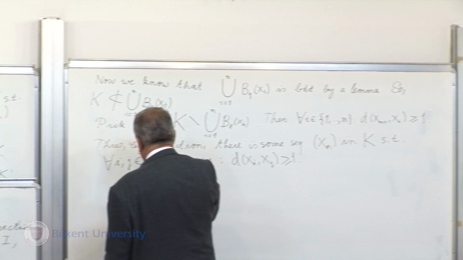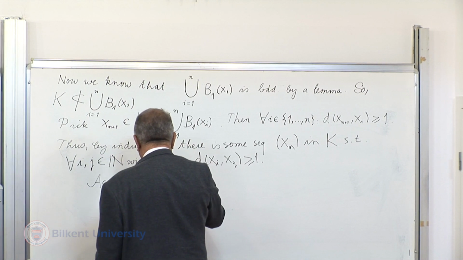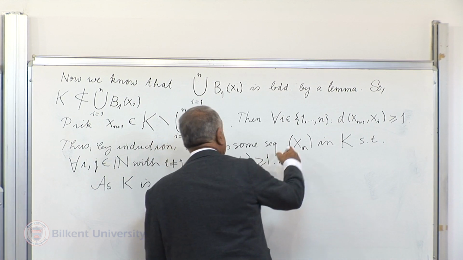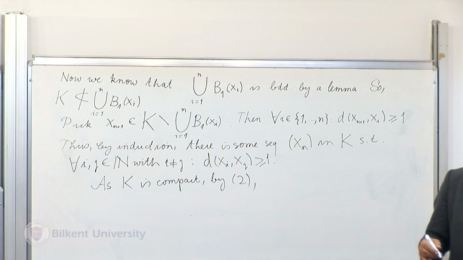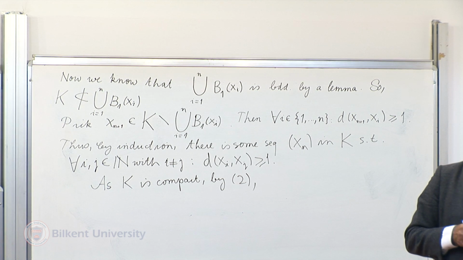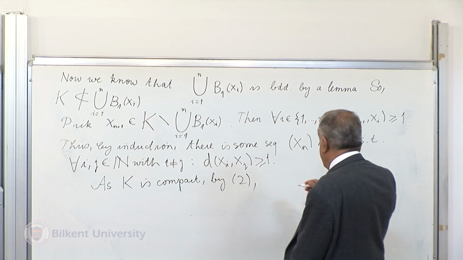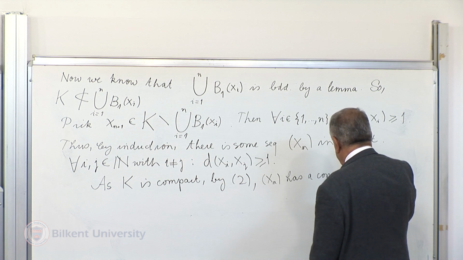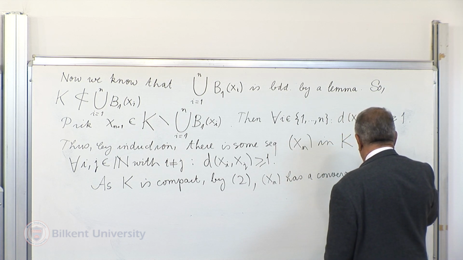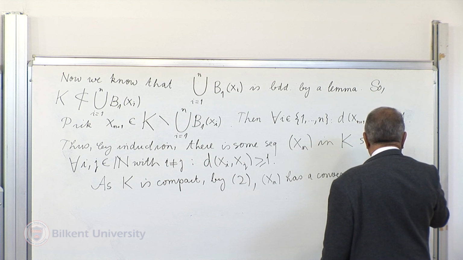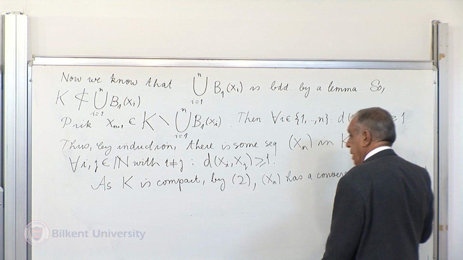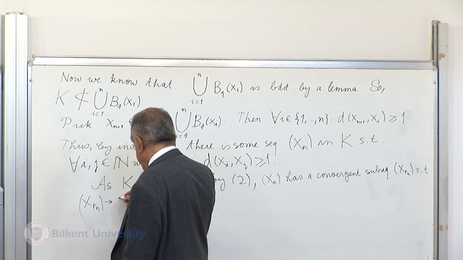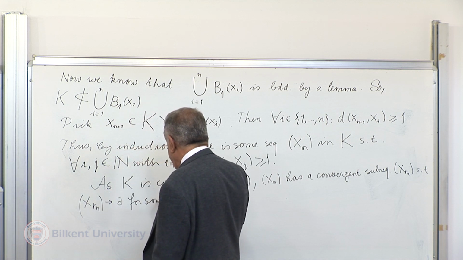As K is compact, by 2, and this xn is a sequence in K, it has a convergent subsequence whose limit belongs to K. So xn has a convergent subsequence x sub r sub n such that x sub r sub n converges to A for some A in K.